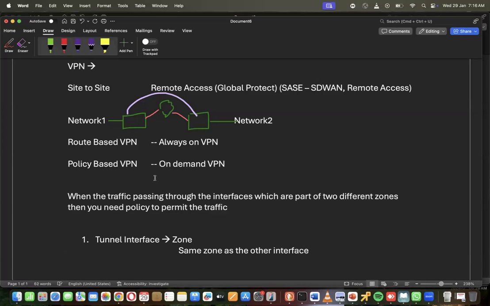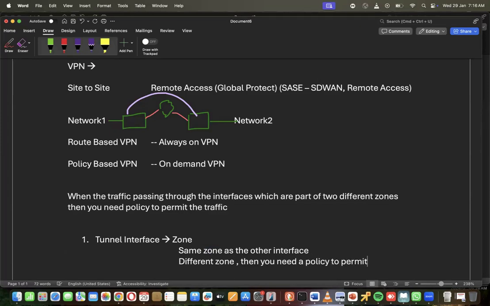Now, what happens? If the traffic is passing between two interfaces of the same zone, which means it is intra-zone traffic, do I need a policy? Not necessarily. It can also be part of a different zone. Then you need a policy.